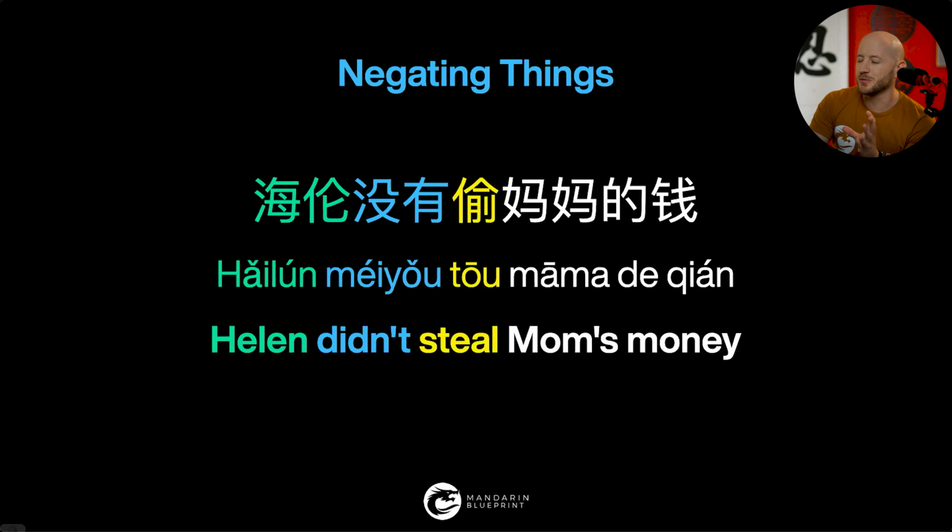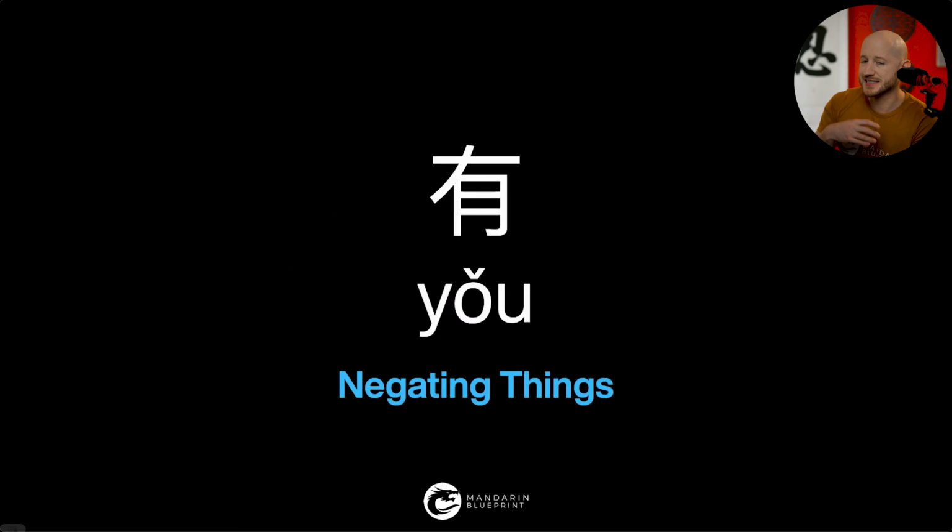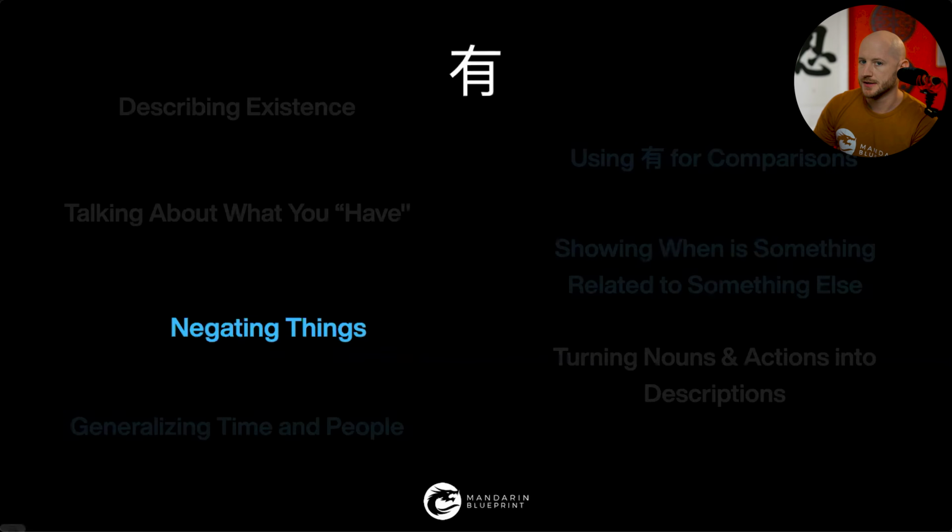It's not snowing. This wouldn't make sense in the context of a person. 海伦没有偷. Like, Helen is not stealing. It doesn't work, right? So that's why Helen didn't steal works with a person. And I'm glad that she didn't steal mom's money. So that's how you negate things with 有 and 没有 in particular.